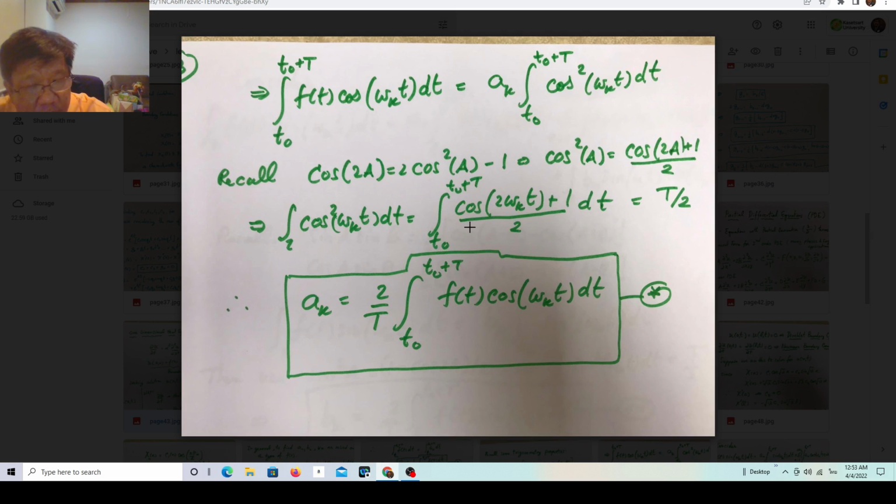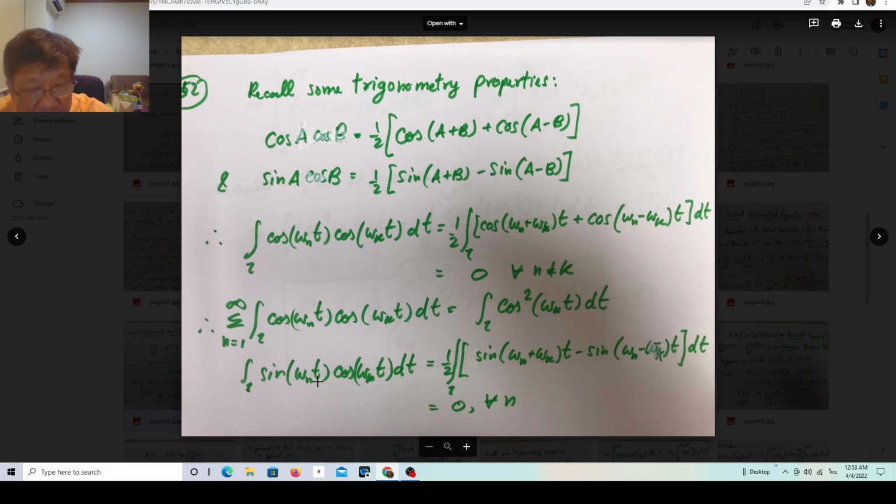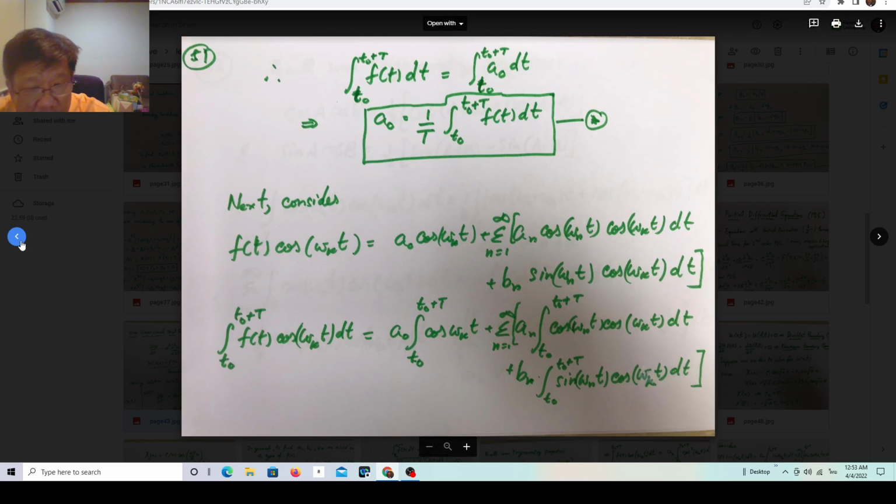Since they are all divided by 2, dt from t0 to t0 plus T, you use upper limit minus lower limit and get T. The only term left becomes T divided by 2, multiplied by a sub k, because it happens when n is equal to k.